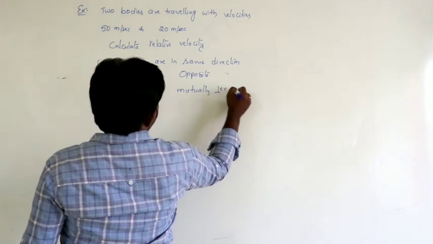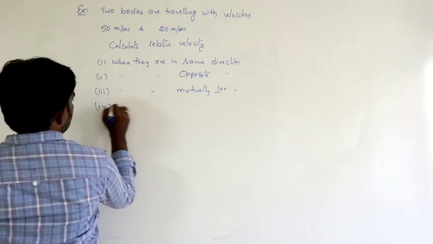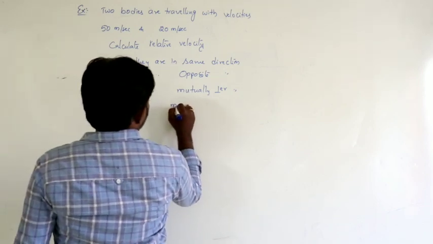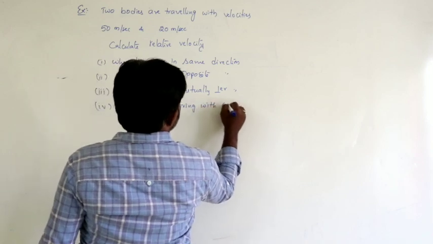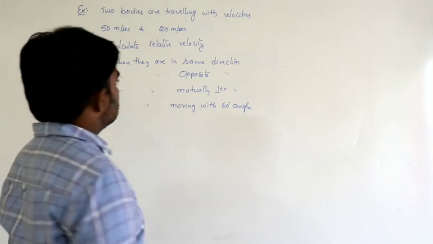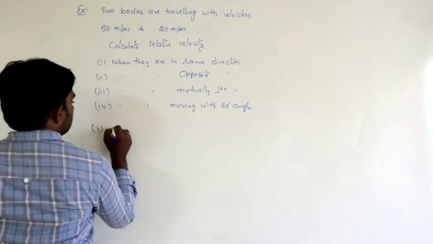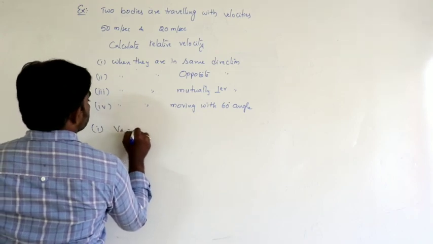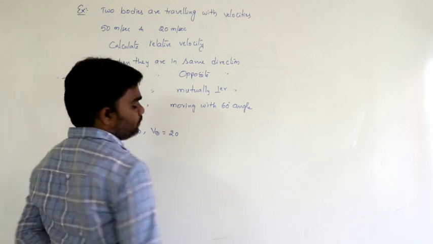Next, when they are moving with a 60 degrees angle, like this. So first case, let us say VA is equal to 50 and VB is equal to 20.